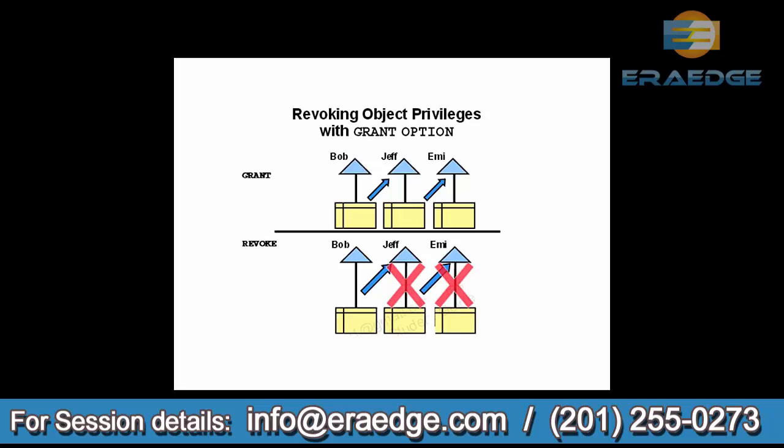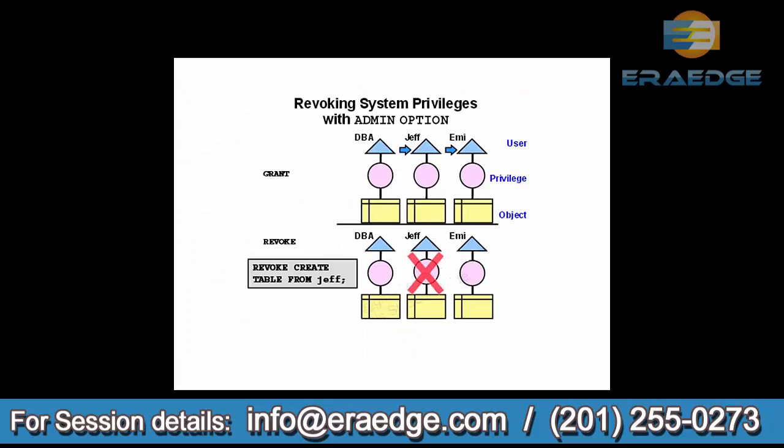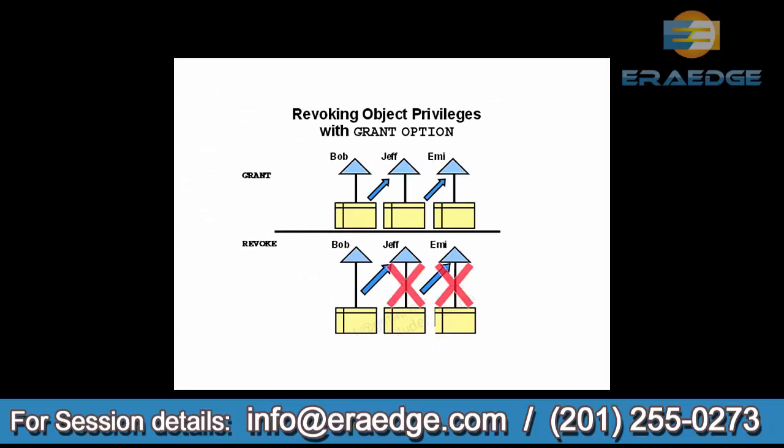Now Jeff loses access to Bob's data, and even Emmy will also lose access to Bob's data. So this is done with grant options. Now this is for object privilege. Previously what we saw was system privilege, right? System privilege does not have a cascading effect, whereas object privilege has the cascading effect.